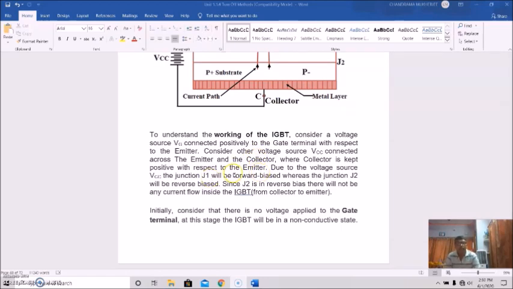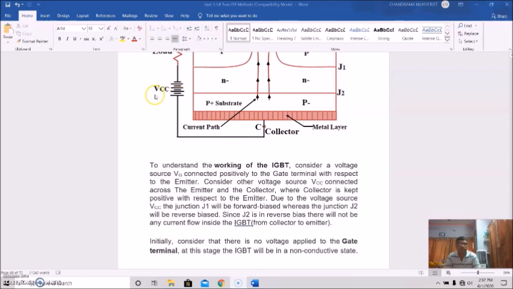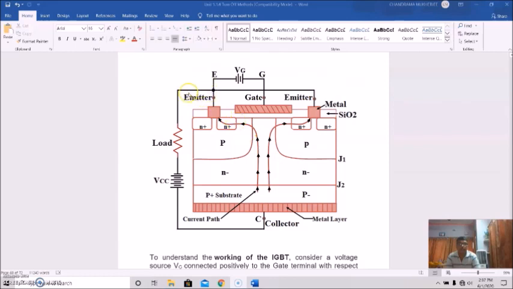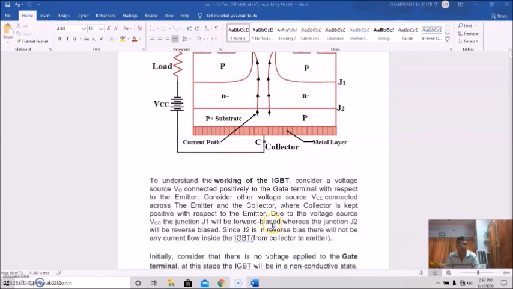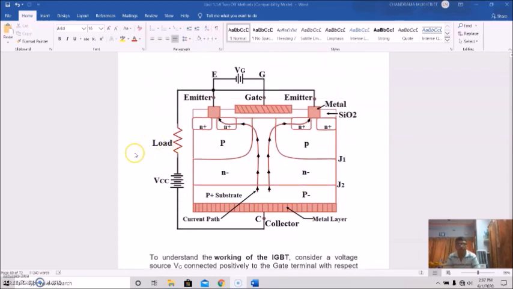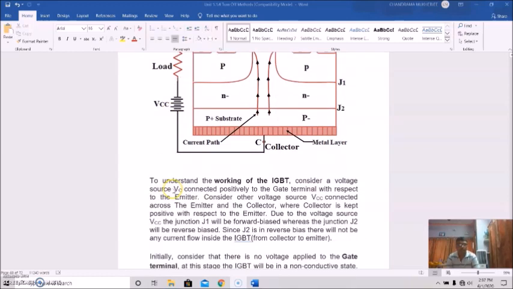Now consider another voltage source, VCC, connected across the emitter and the collector. The collector is connected with the positive terminal, and the emitter is connected with the negative terminal of the source.